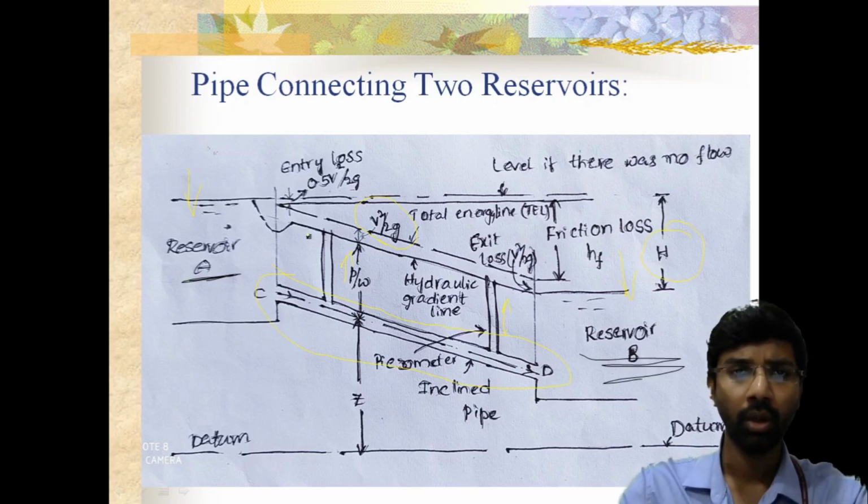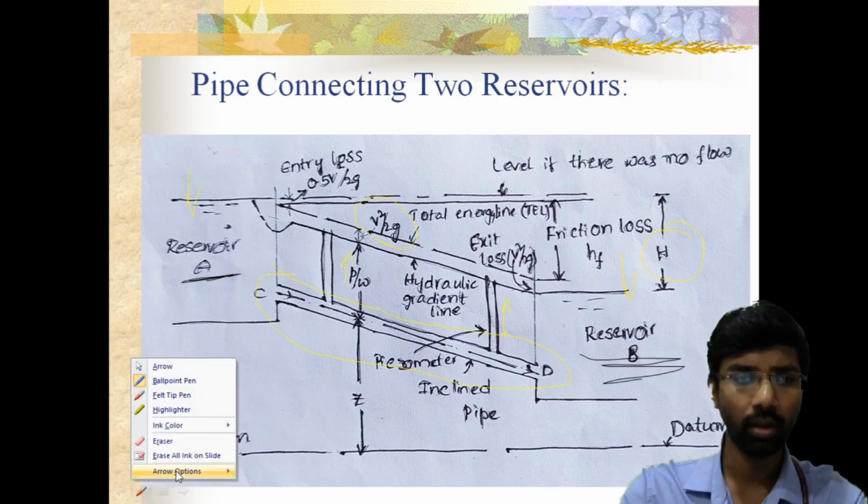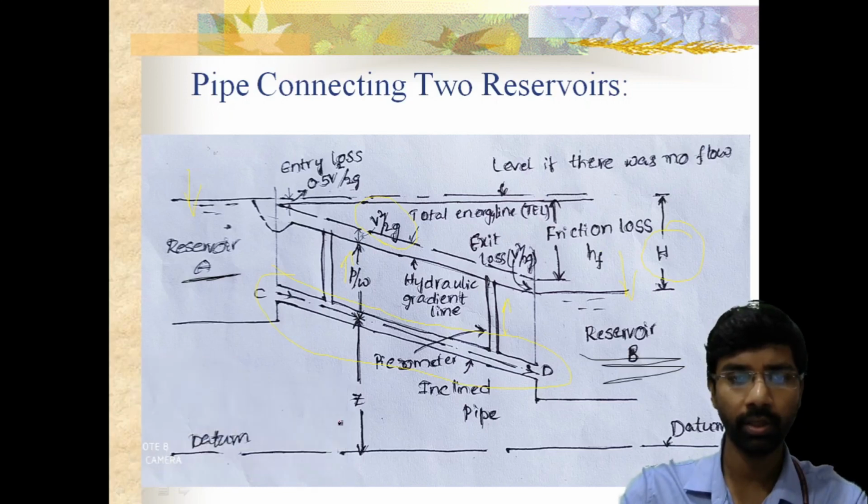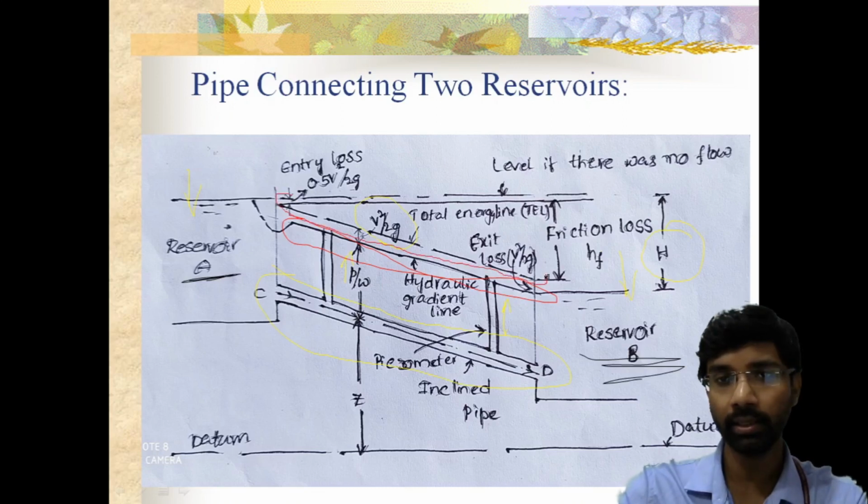So if you identify here this one, I'll show it. Let it be in color, the red one. This red one that you are now viewing is the hydraulic gradient line, and this dotted line is the total energy line. If you observe, at the entry there is a loss. It is nothing but entry loss.